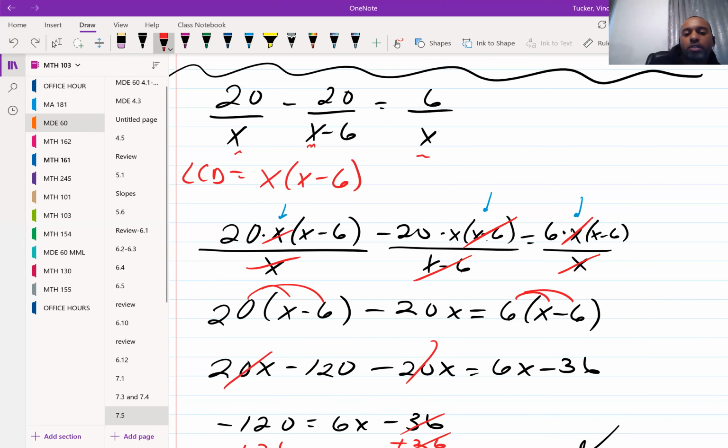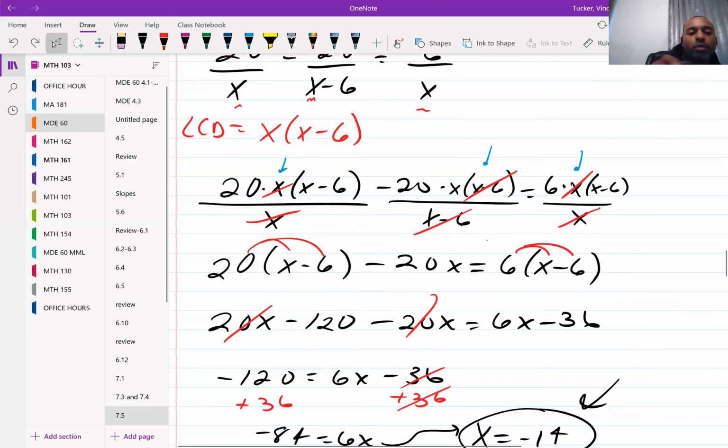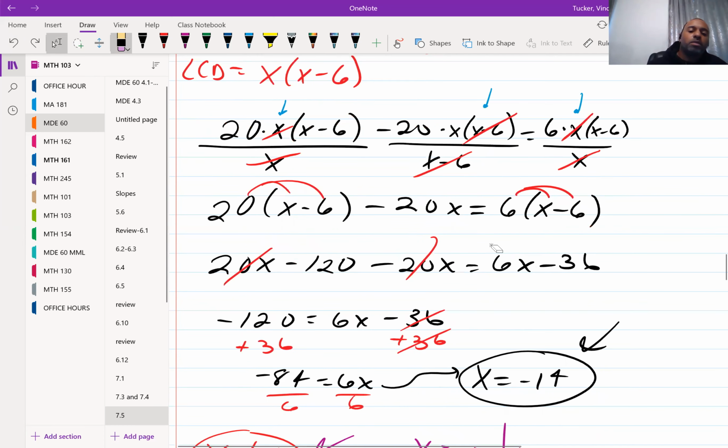So both of those cancel, leaving you with negative 120 on the left side. So it's negative 120 equals 6x minus 36. Add 36 to both sides. That gives us negative 84 equals 6x. Divide by 6. Our solution is negative 14.